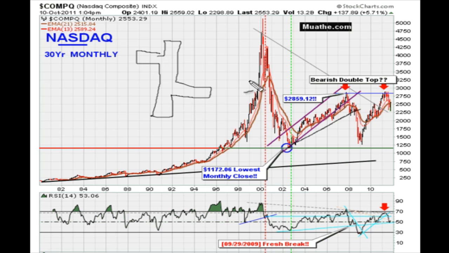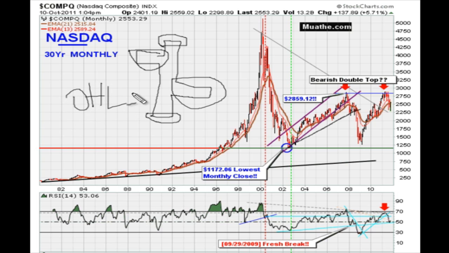Every bar you see here has 4 points. It has an intra-month low, an intra-month high, the monthly opening price, and the monthly close price. So this is called an OHLC, which is open, high, low, close.